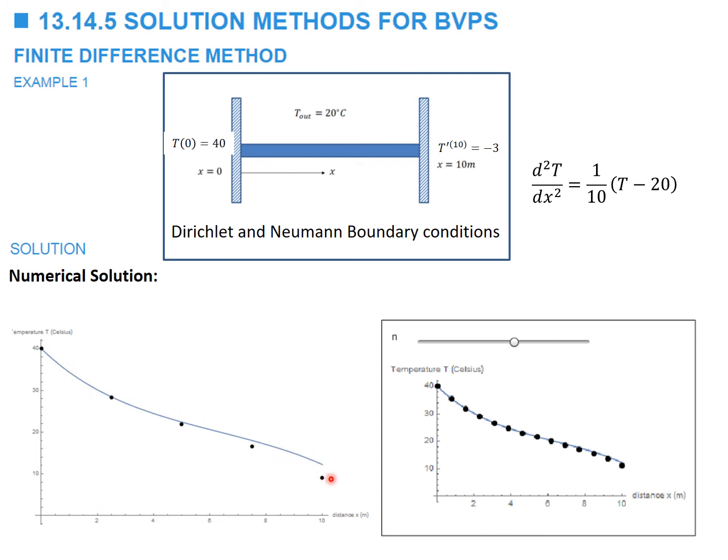It's losing accuracy as we get to the end of the solution. But as we increase the number and make the intervals narrower, we gain accuracy by doing that.